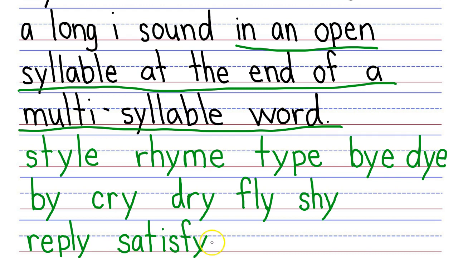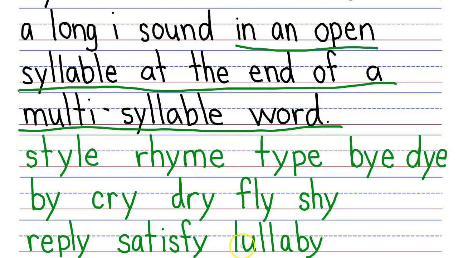Satisfy. Next word, lullaby. First syllable, lull. L-U-L-L. Second syllable, la. It's a schwa vowel sound. Third syllable, by. We have a B that says b, and a Y that says I. So here again, we have an open syllable because it ends with a vowel Y. It's at the end of a multi-syllable word.